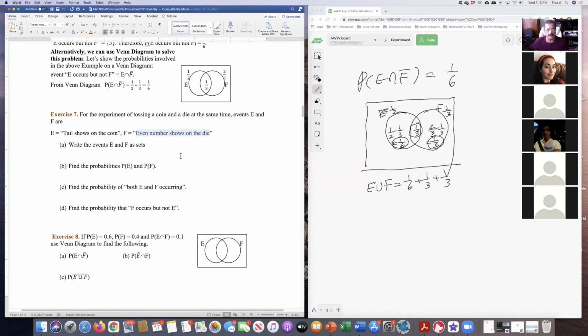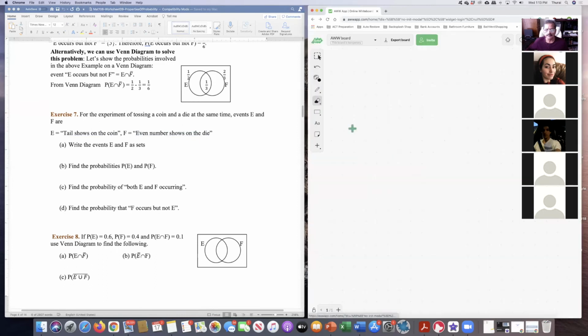Event E as a set. It will be T1, T2, T3, T4, T5, and T6. Very good. Okay, let me write that down.